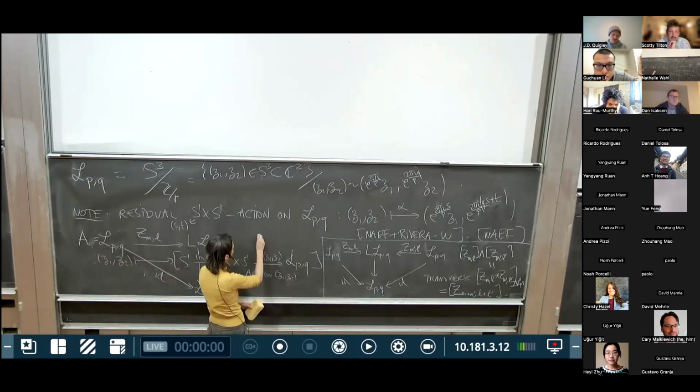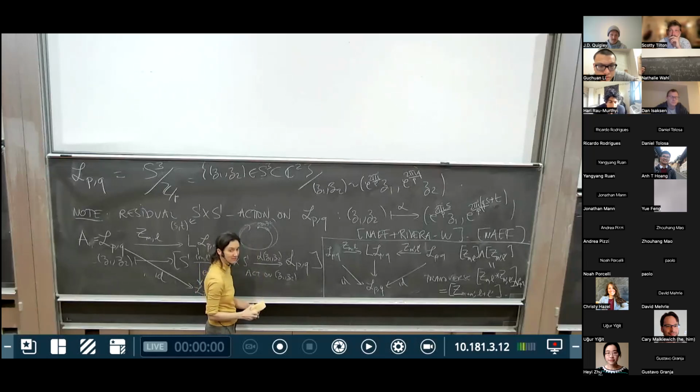It's difficult to draw the length space, but I'm picking a point Z1, Z2, and then I have this action. It's a two-dimensional action. So the inclusion is by the constant loop map modified by an action. Yes, exactly.